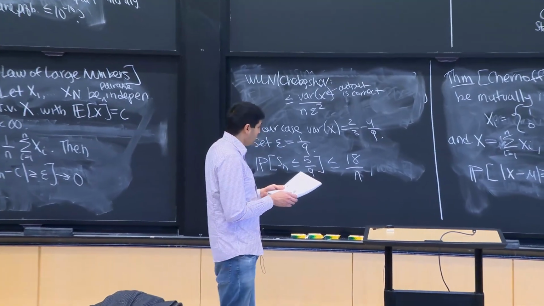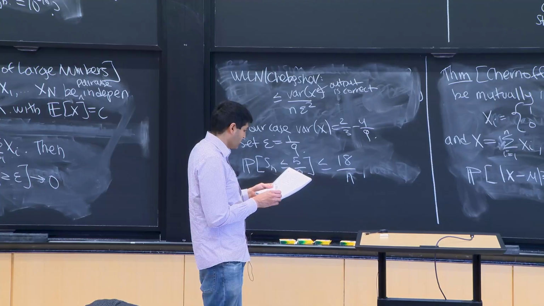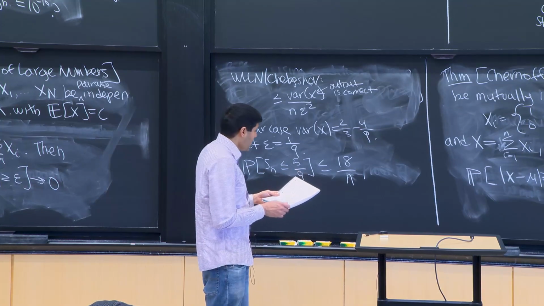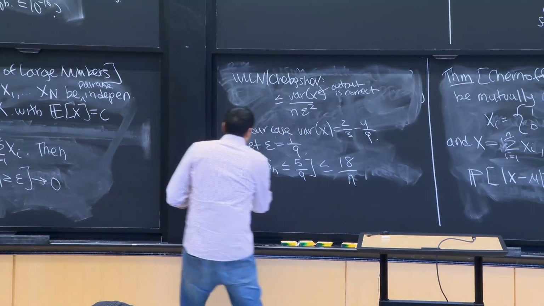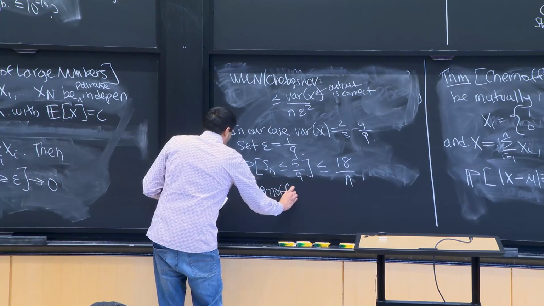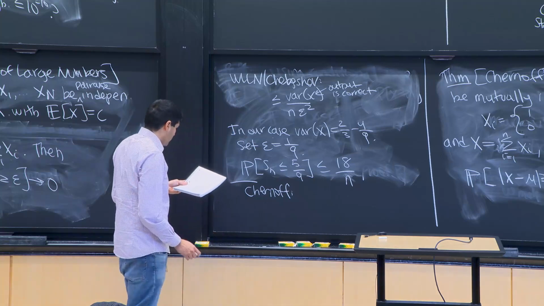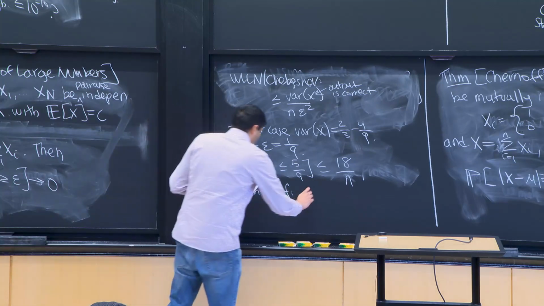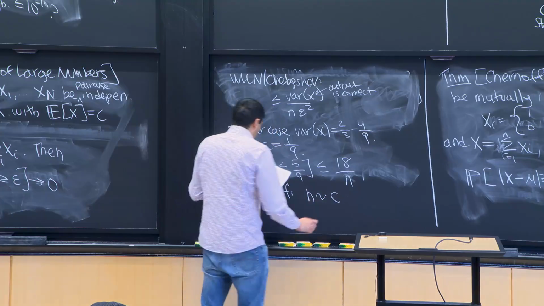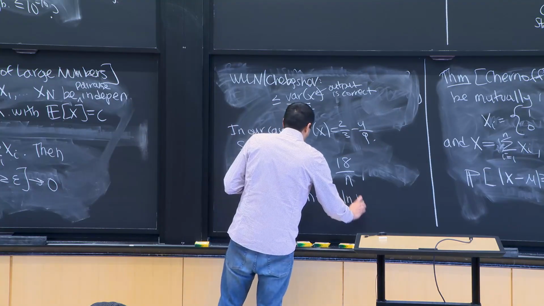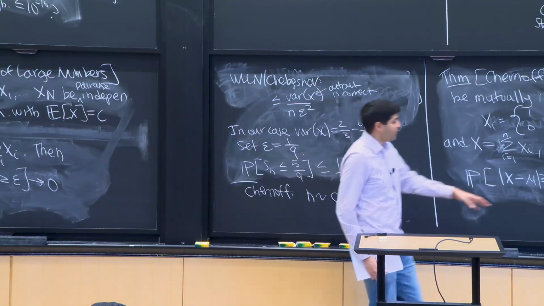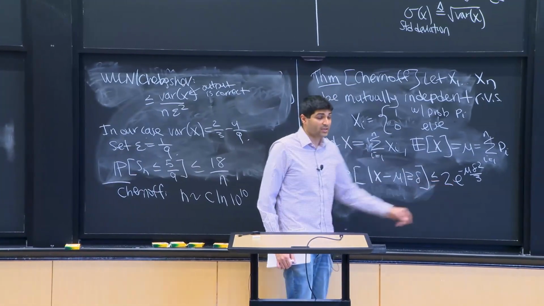So the Chernoff bound, there are many different forms for it. We're going to prove this next time. But it turns out that if we were to use Chernoff in our numerical example about testing out primes, we would only have to take n, our number of repetitions, to behave like some constant times the natural log of whatever we want our failure probability to be on the right-hand side.